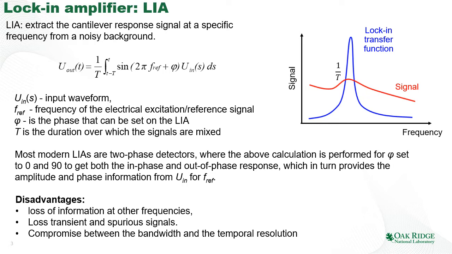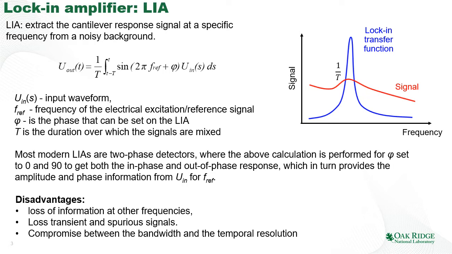Practically, more modern lock-in amplifiers are two-phase detectors. We do this calculation twice, one time for the reference waveform, another time for the waveform shifted by 90 degrees. So it gives us both the in-phase and out-of-phase components of the response. Or, if you will, we can always convert it into the amplitude and phase of the measured signal.